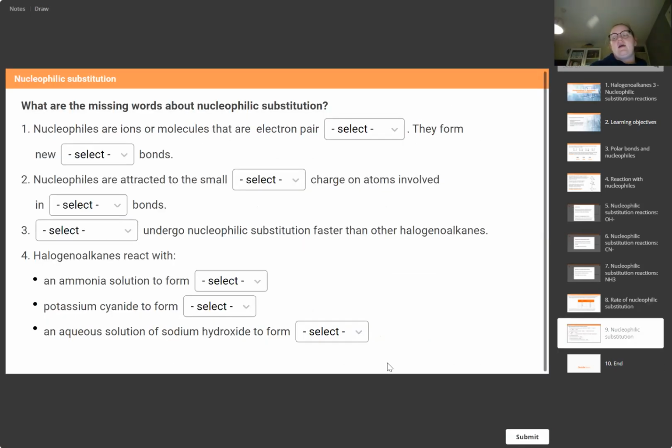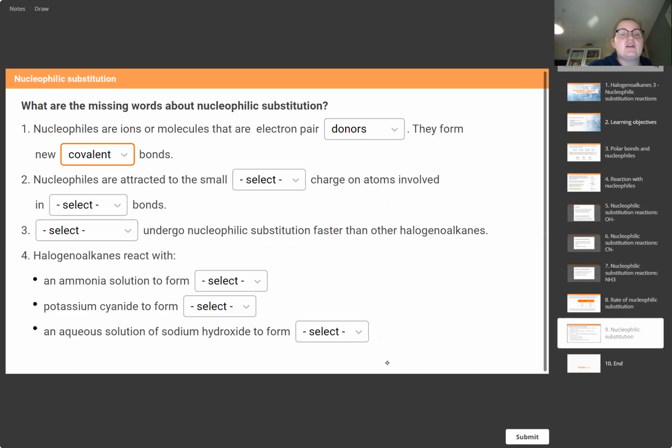So let's have a go at answering these questions. Nucleophiles are ions or molecules that are electron pair donors. So they're going to donate electrons. They form new covalent bonds. So nucleophiles turn up, they donate electrons, and when they donate those electrons, they form new covalent bonds.